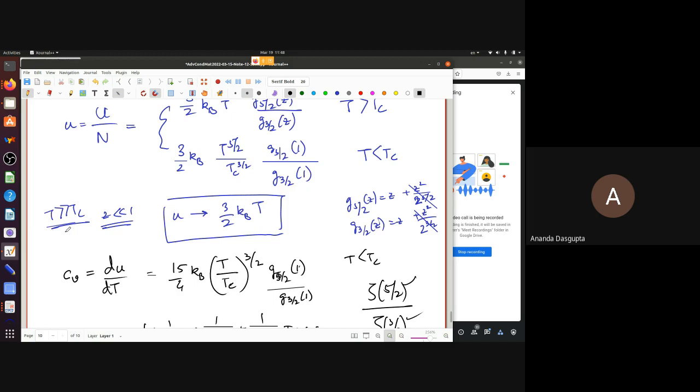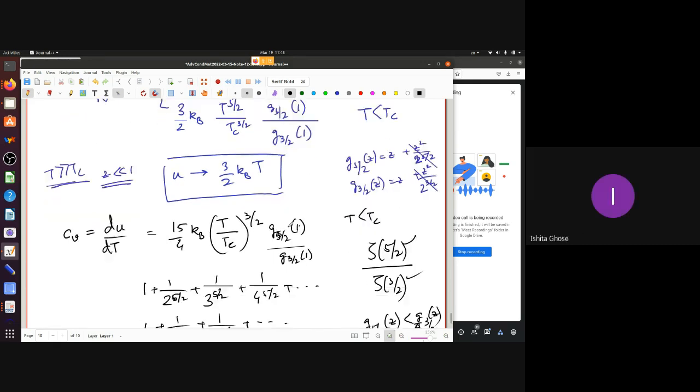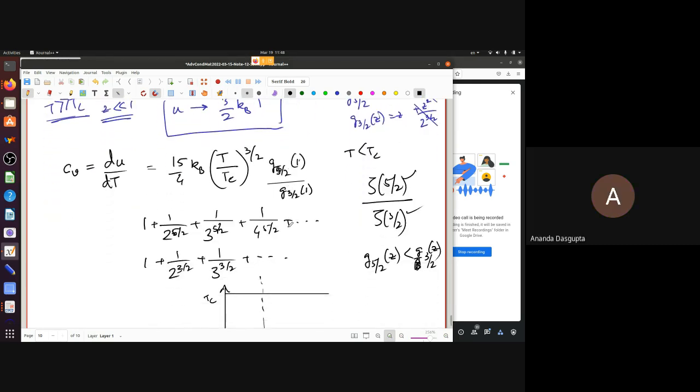When T is much larger than TC, you know this is U. So what's the derivative? So it's a constant 3 by 2 kB. Yeah, and that's the classical result, right? 3 by 2 kB per particle. That's the classical result for free gases. So when temperature is very, very large, it reaches this 3 by 2 kB line.